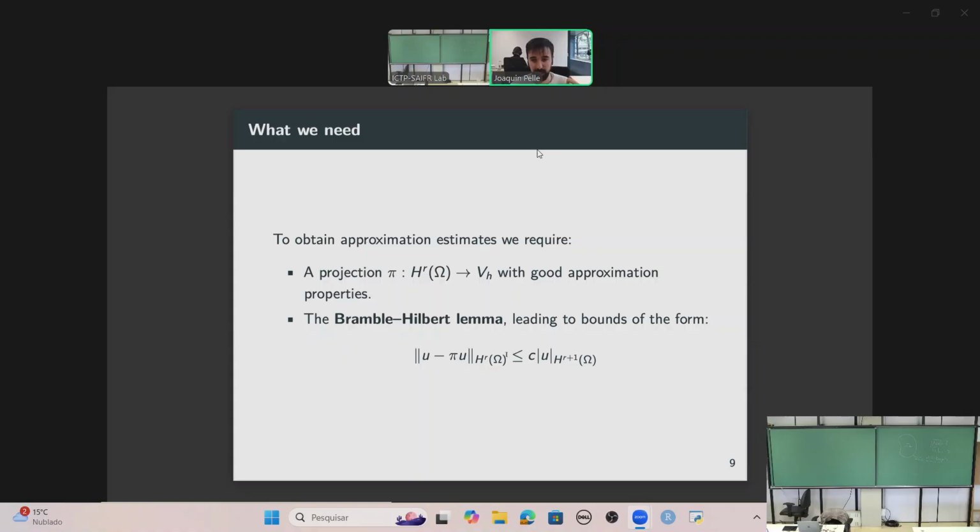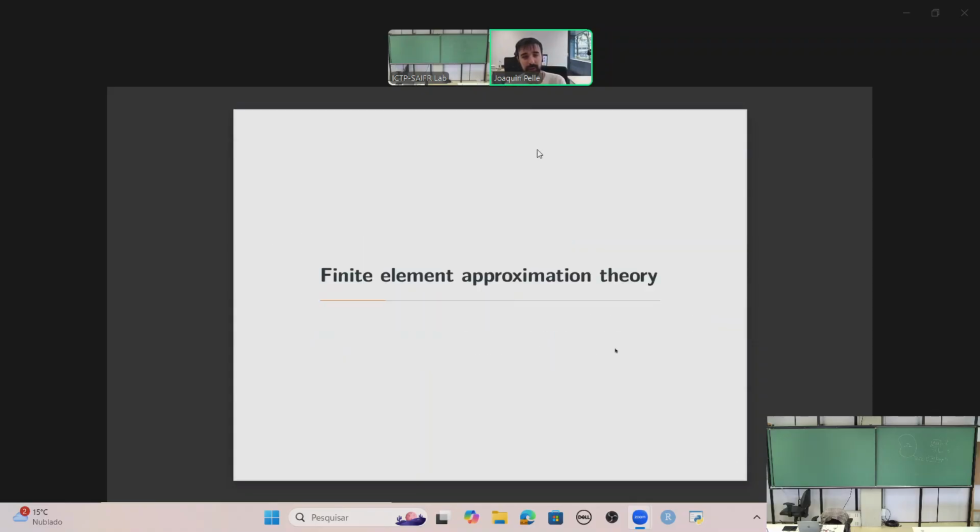And the kind of bounds that we are going to aim for are bounds like this, where we have a constant that depends only on the domain, and then here a measure of the derivatives of the function itself at a higher order. So we're going to see this a little bit better now.